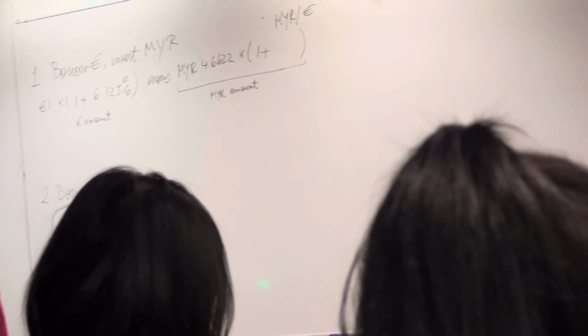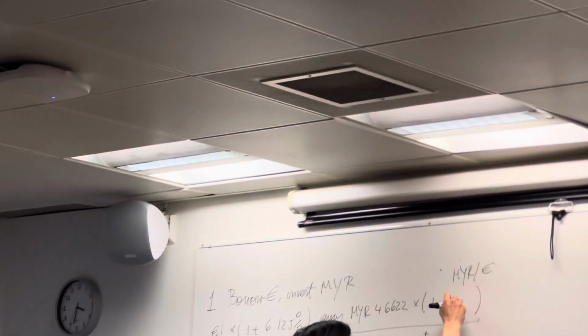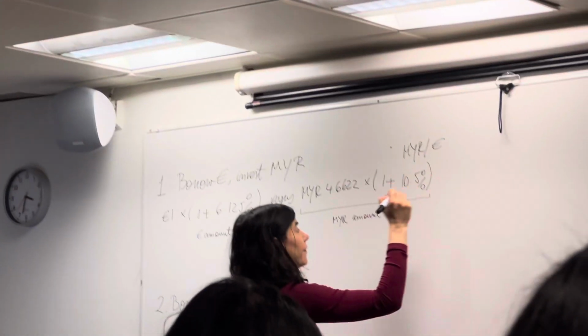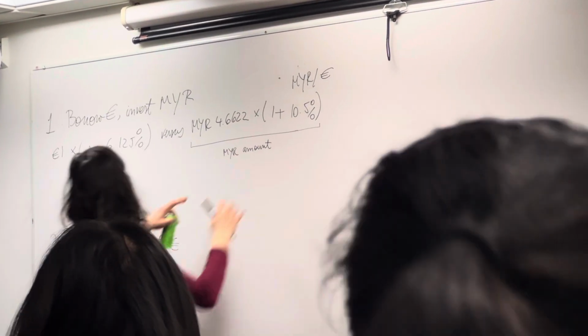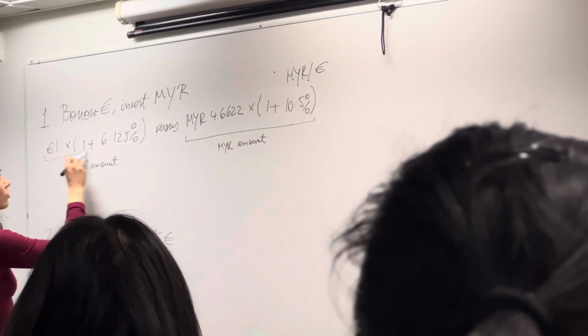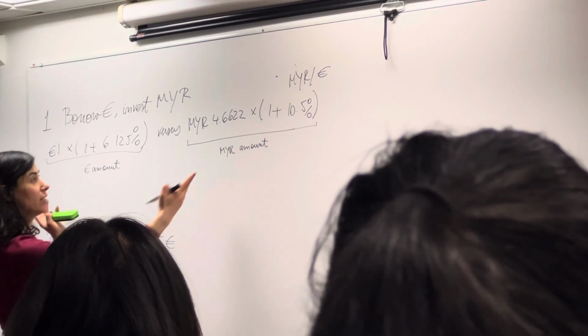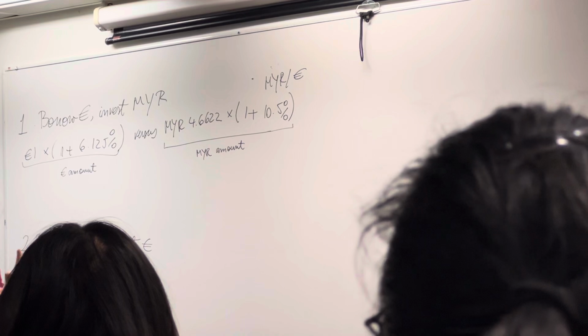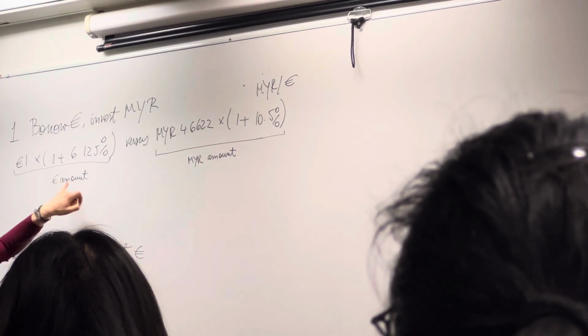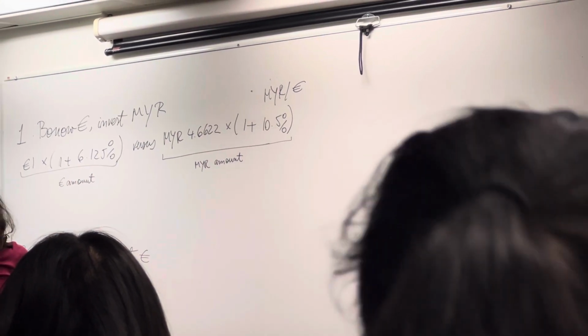Yes, 10.5. And this is an amount in Malaysian ringgit. It's not really correct to compare it to the euro amount. One is in apples, one is in pears. We need to transform this into euros to be able to compare, right?